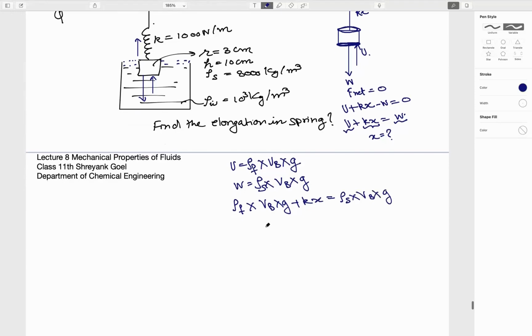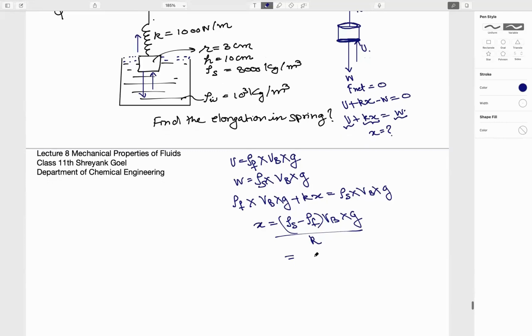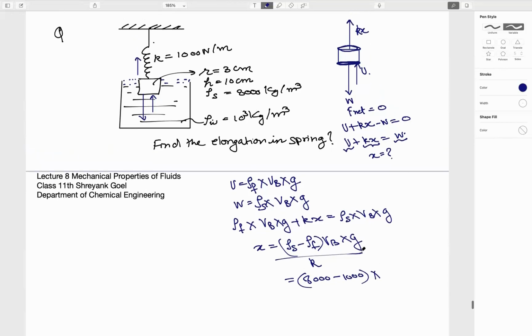So what we need to find out is x. x is nothing but rho S minus rho F into V_B into g divided by K. So rho S is 8,000 minus 1,000 into volume of block.